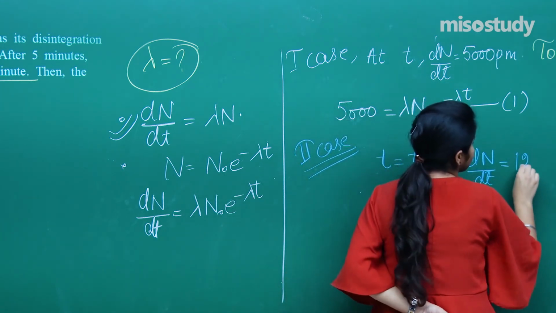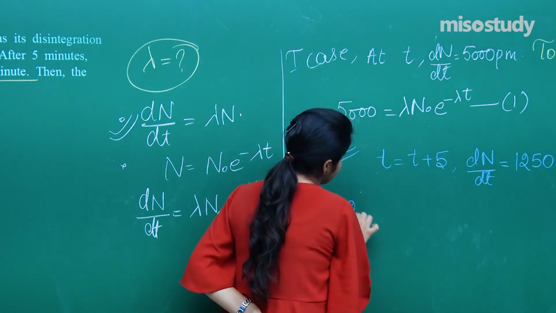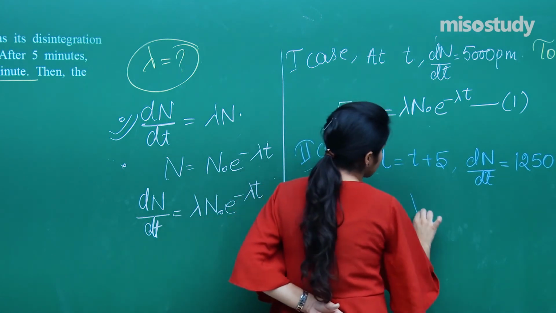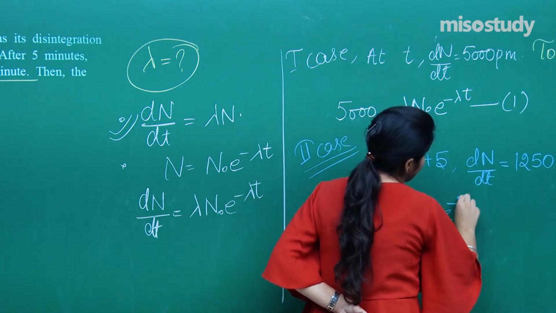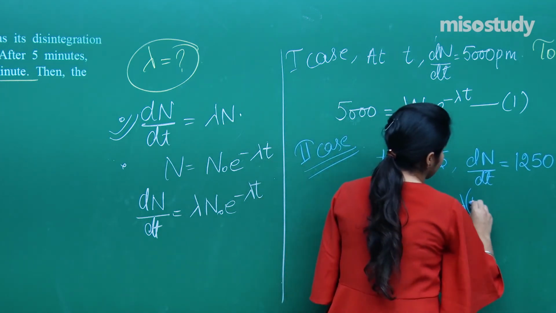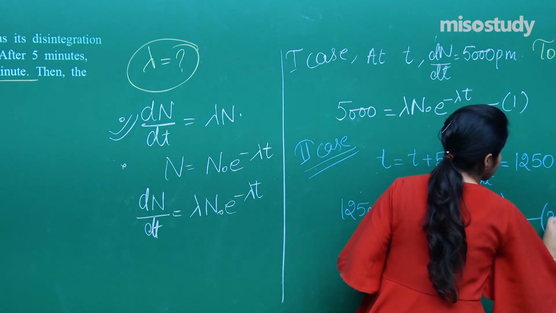So 1250 equals lambda N naught e raised to the power minus lambda, and in place of t, you are going to put t plus 5. Now you are having two equations with you.